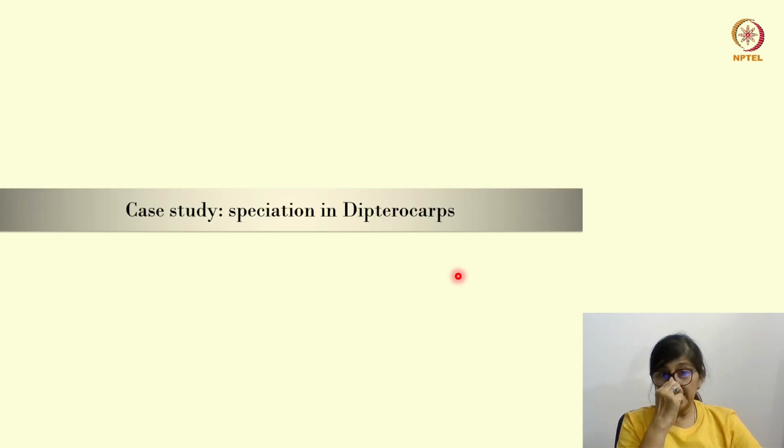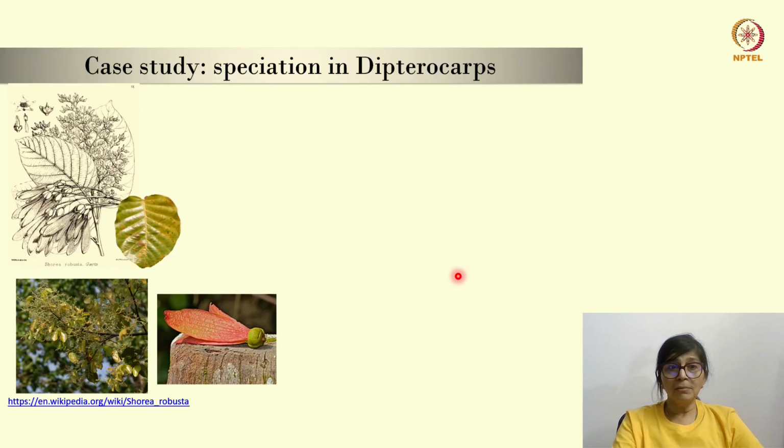So the first case study is speciation in Dipterocarps. Some of you might be a little bit worried or puzzled seeing this term. I'm sure many of you might not have heard the term Dipterocarps as such, but a lot of you have heard about sal trees, right?